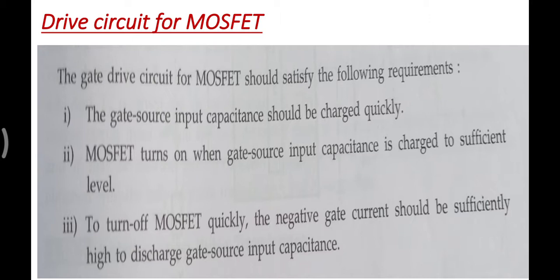Third, the capacitor must generate the negative gate current to turn off the MOSFET. These three points are the basic requirements for designing the drive circuit for the MOSFET.